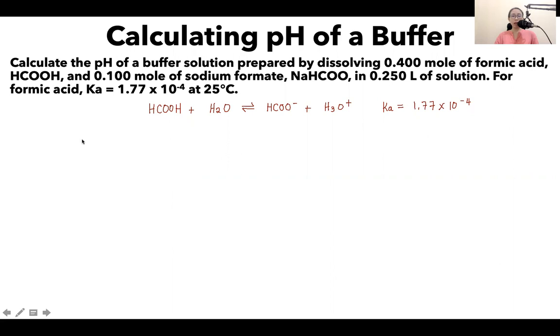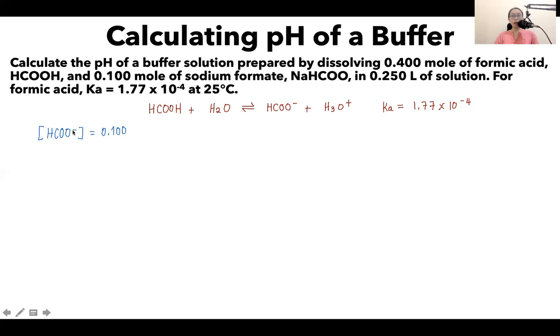But before that, we need to know the concentration of our components because the given is quantity. The given is mole, okay, the quantity. So to get the concentration, specifically the molarity, we need to divide the moles by the total volume of the solution.